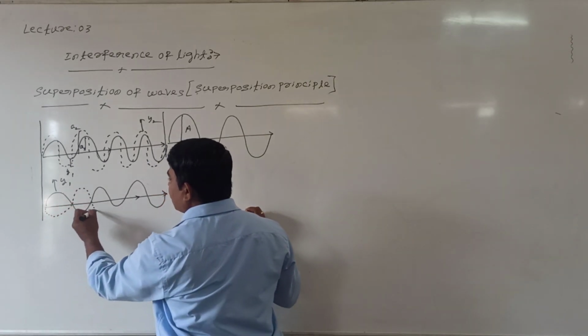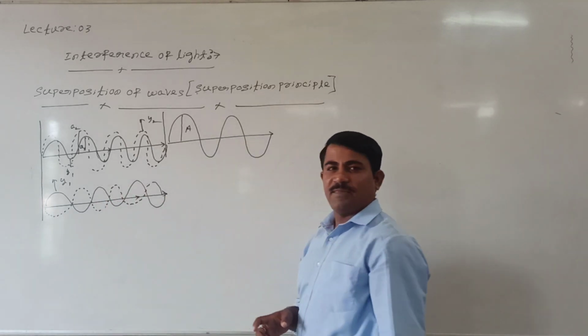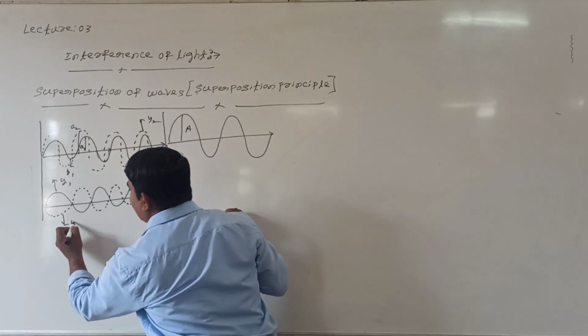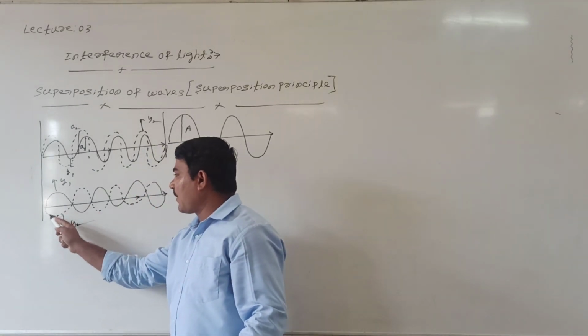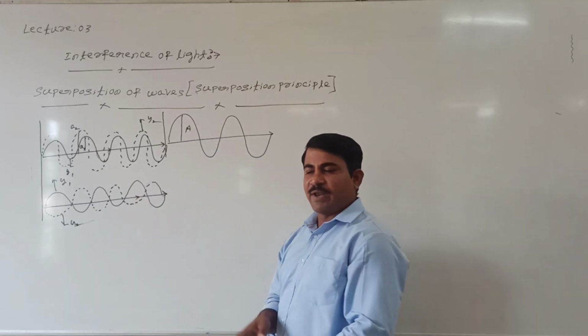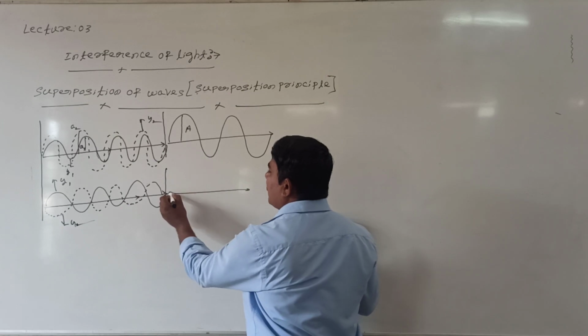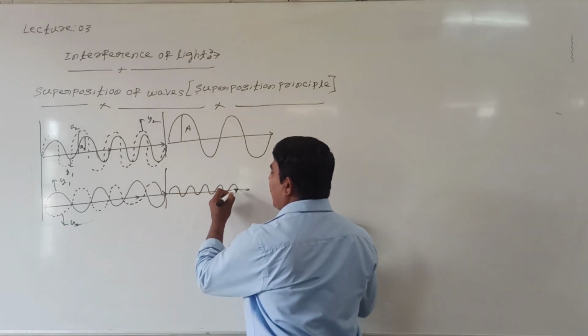It is possible like this also. See here, what happens? This wave has the displacement of y2 such that the crest of one wave overlaps the trough of the other wave. Whenever a crest is overlapping with a trough, then there is minimum amplitude.